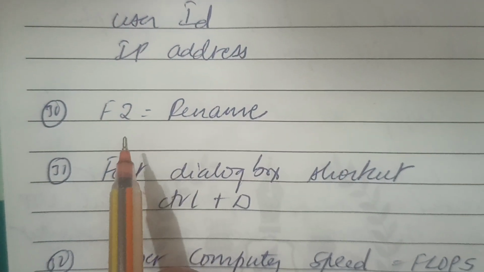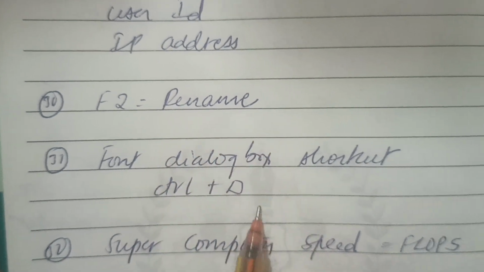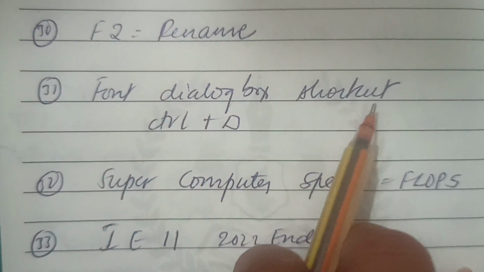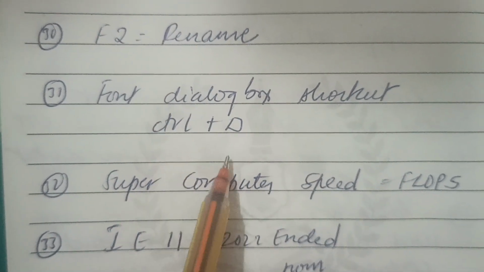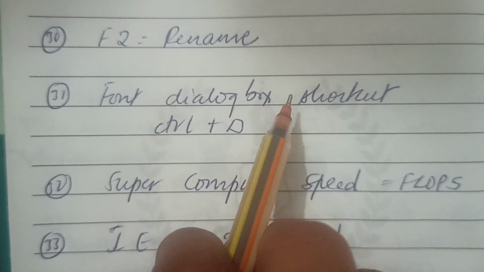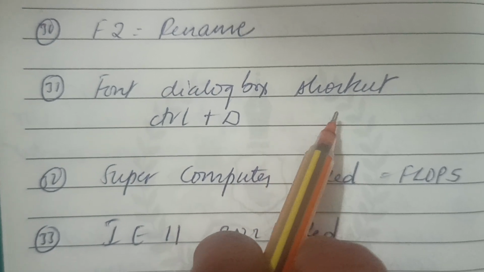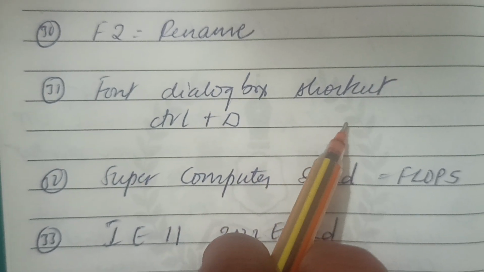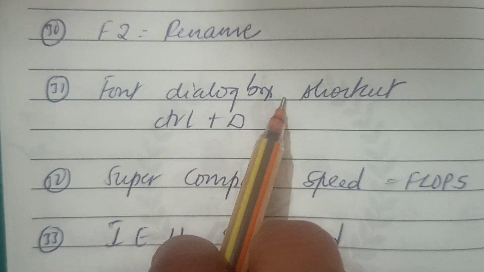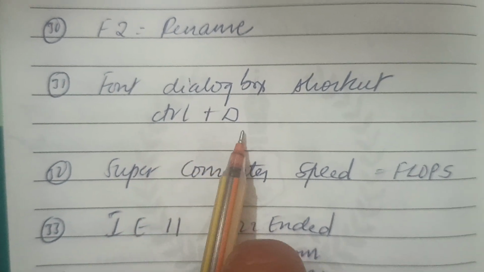Then the shortcut for what F2 means: it is used to rename. Then the font dialog box shortcut, that is Control D. They didn't ask directly about the font dialog box; they mentioned font face, font style, and font effect, asking where you will find it and the shortcut for this, so Control D will be the answer.